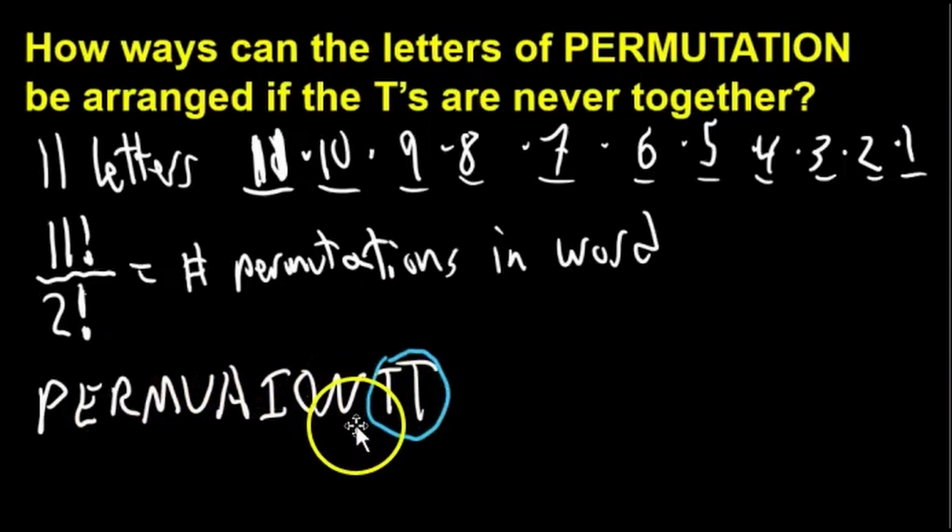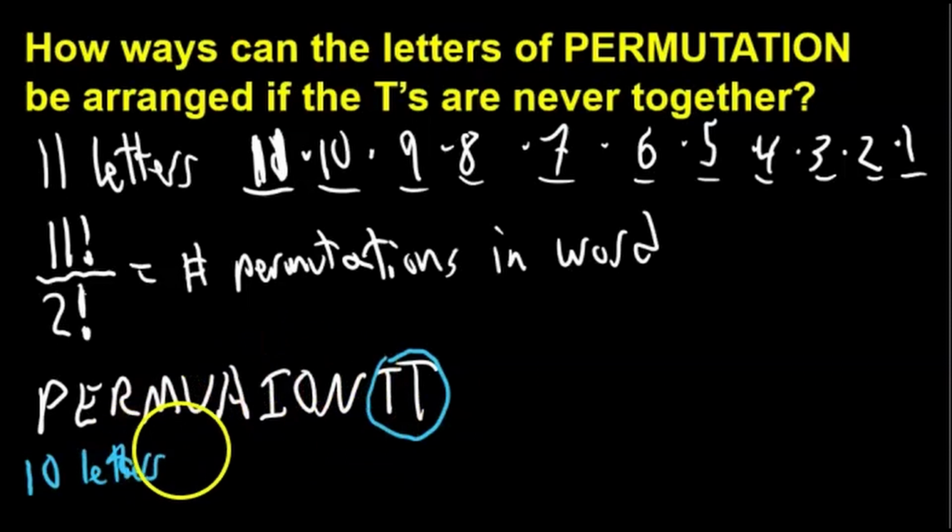So effectively, it's like we have 10 letters, and the number of permutations will be 10 factorial. So we have 10 factorial permutations if the T's are always together.